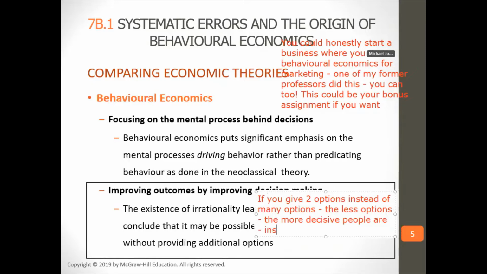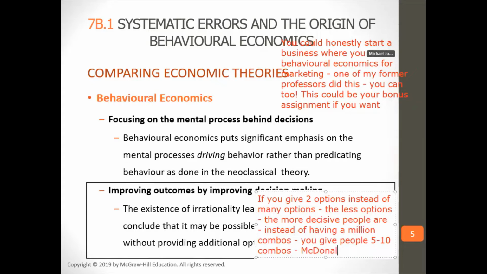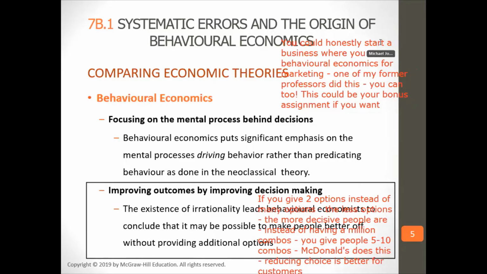Instead of having a million combos, you give people 5 or 10 combos. McDonald's does this. Reducing choice is better for customers. So you can use this as a behavioral economics marketing tactic.